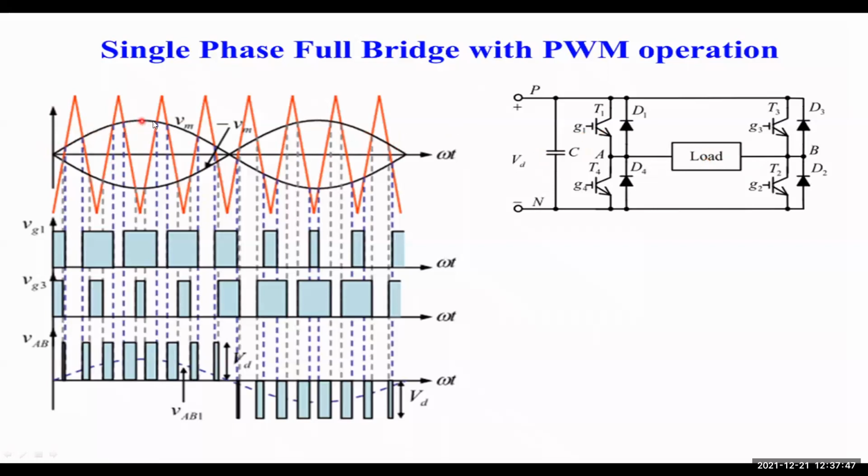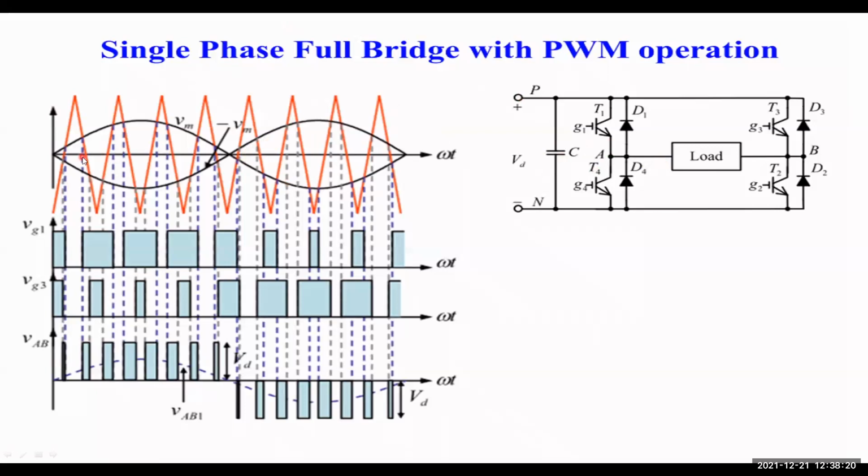That means the output frequency is nothing but our reference signal frequency. If the reference signal frequency changes, the output frequency changes. The reference signal is a sinusoidal signal here, and this is called unipolar switching, a unipolar single phase full bridge inverter.